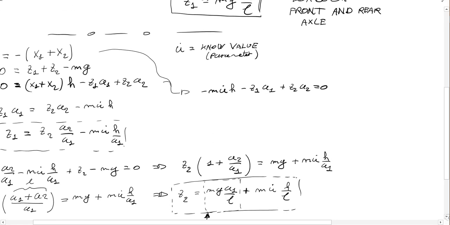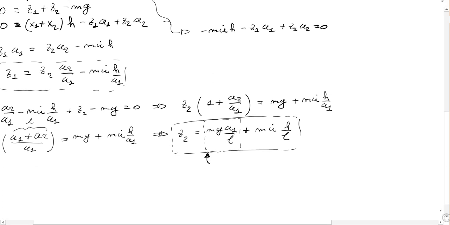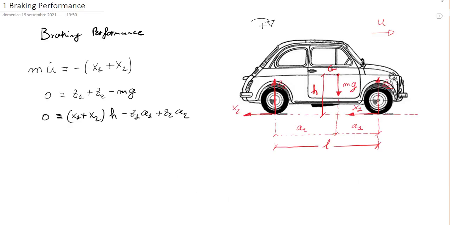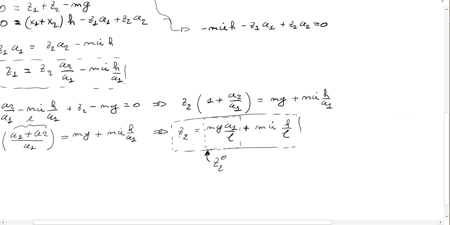So here what we have is the zeta 2 0, the static load on the rear axis of the car, okay, because as we saw in the previous lesson, we know that zeta 2 will be the static load on the rear axis of the car, zeta 1 will be the load on the front axis of the car. And here we saw that zeta 2 will be zeta 2 0 plus something, okay.